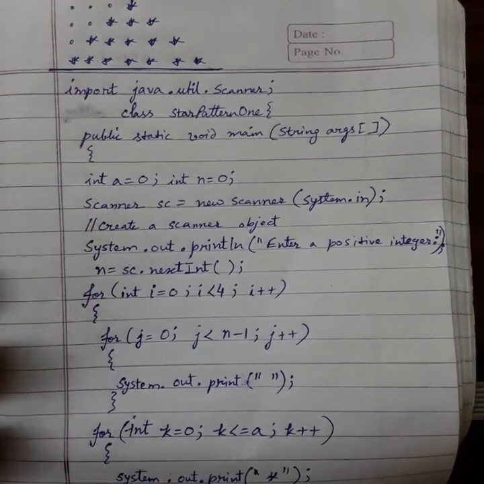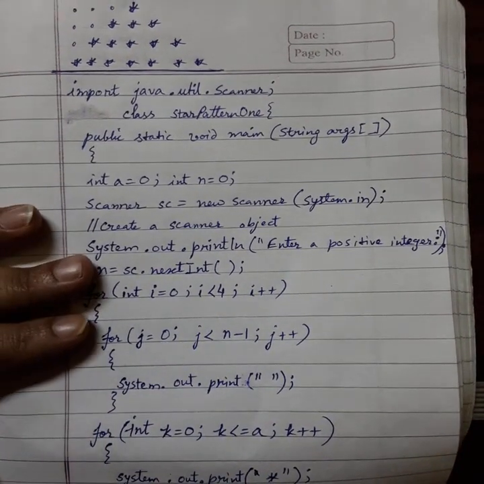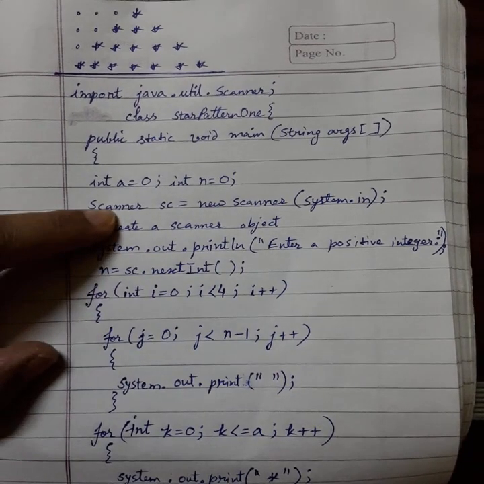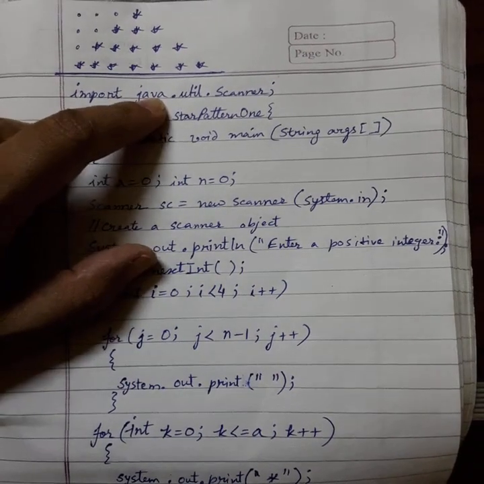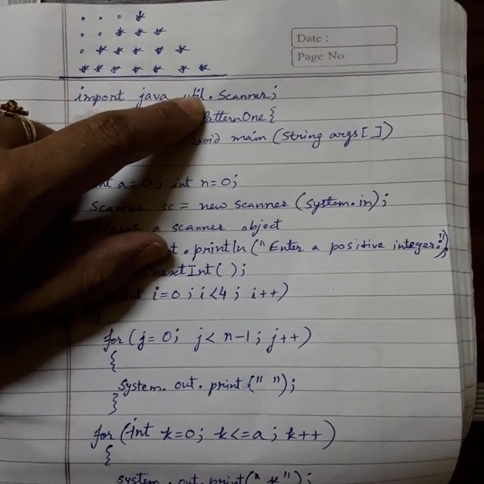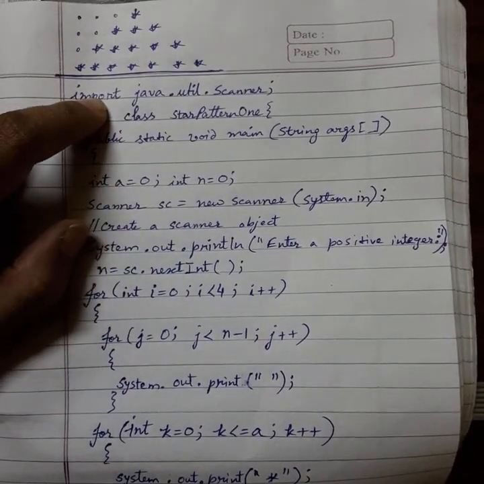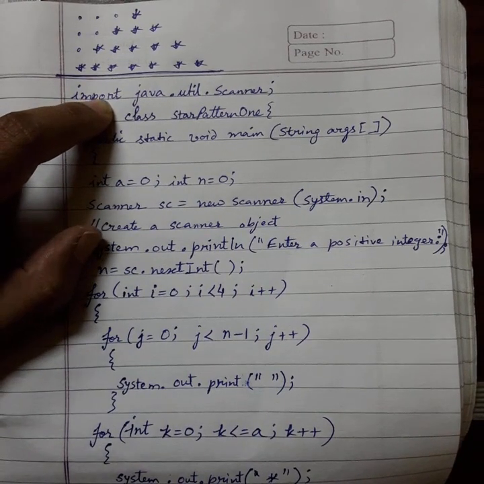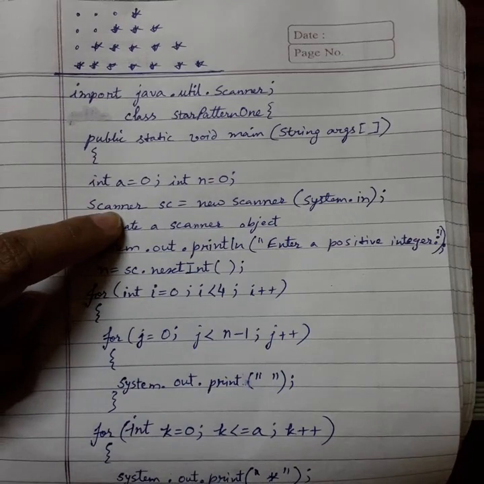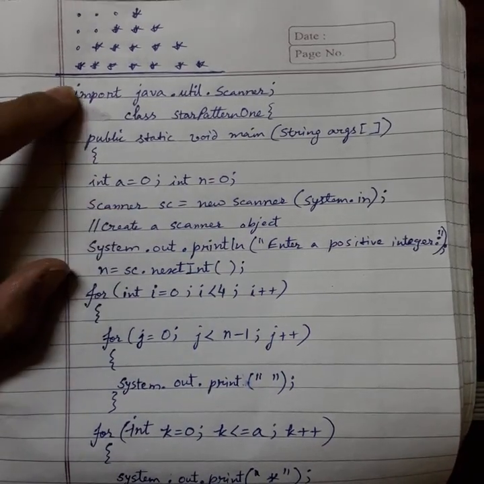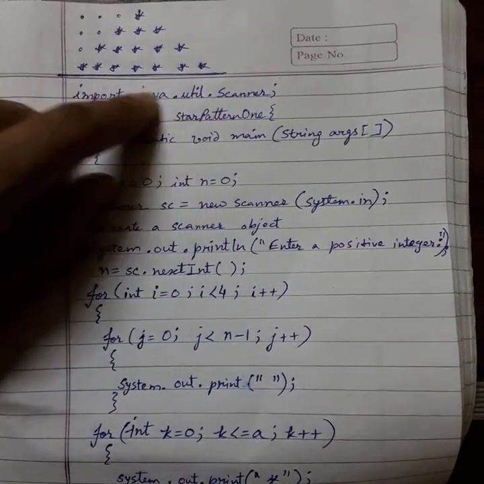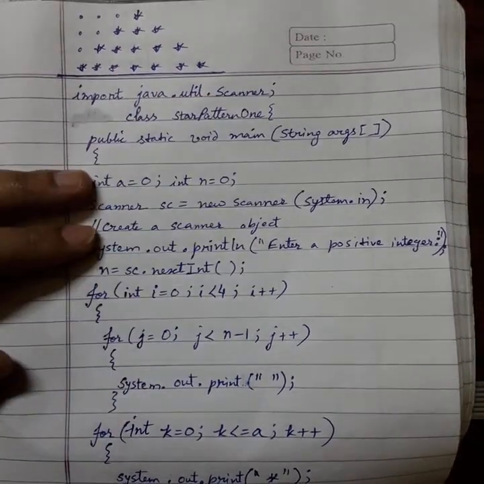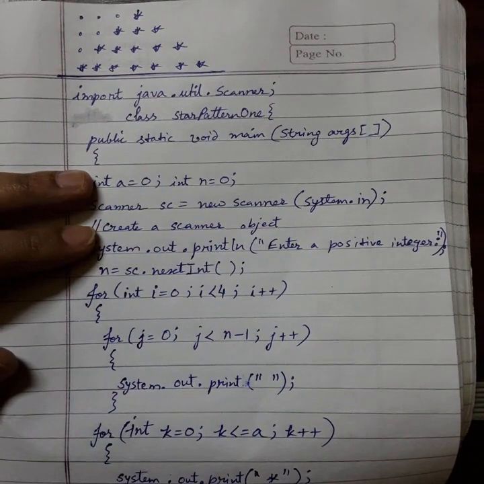I will be explaining the logic also, but here I am introducing you to a new inbuilt class, which is the Scanner class, which resides in the java.util package, which we import here with the import statement. Because we are using this class, we have added this line, import java.util.Scanner, because we will be using this class to take an online argument from the user.